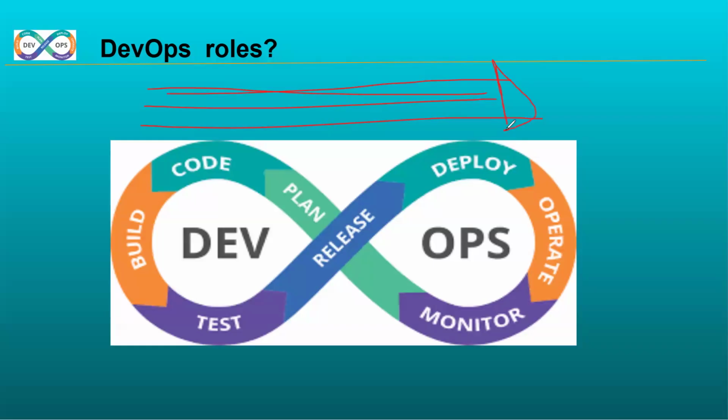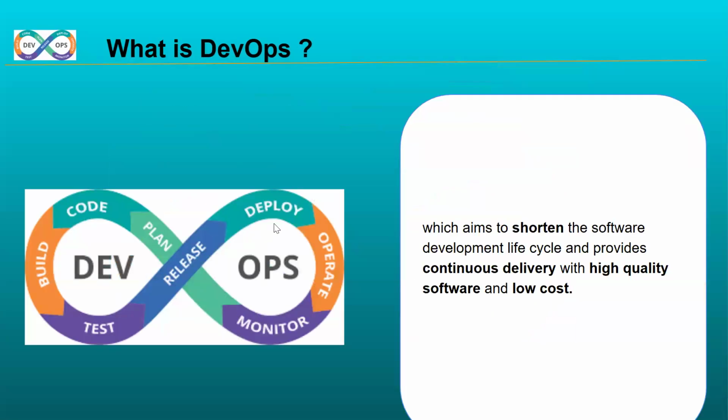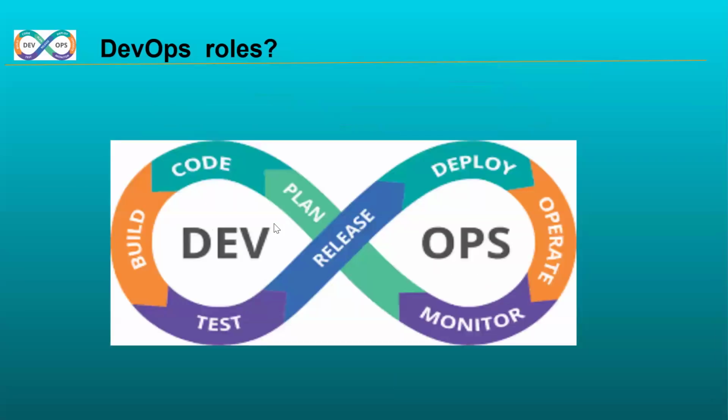With the help of the DevOps process, we can implement an automated process and deliver our working software as soon as possible. But while implementing our DevOps process, we need to follow some set of rules and regulations.